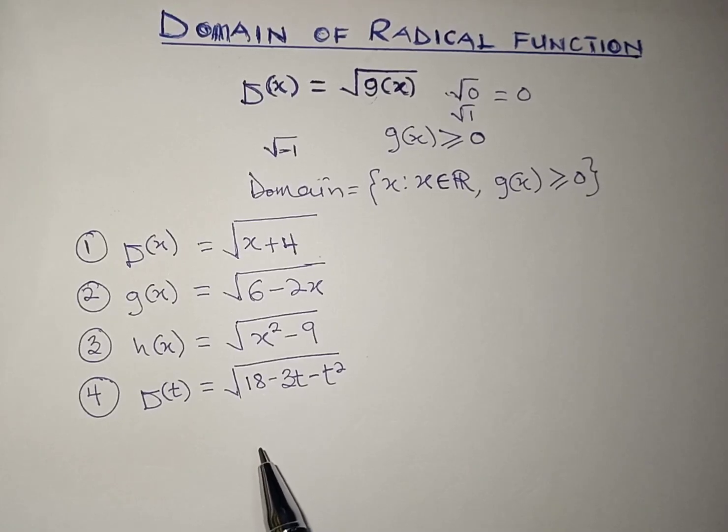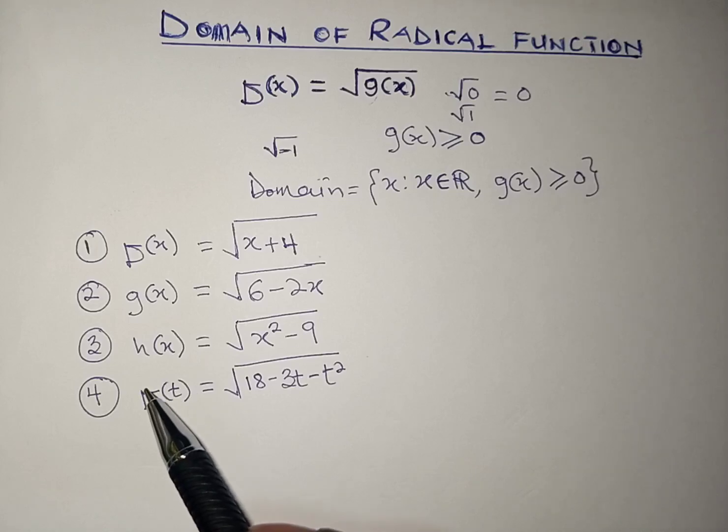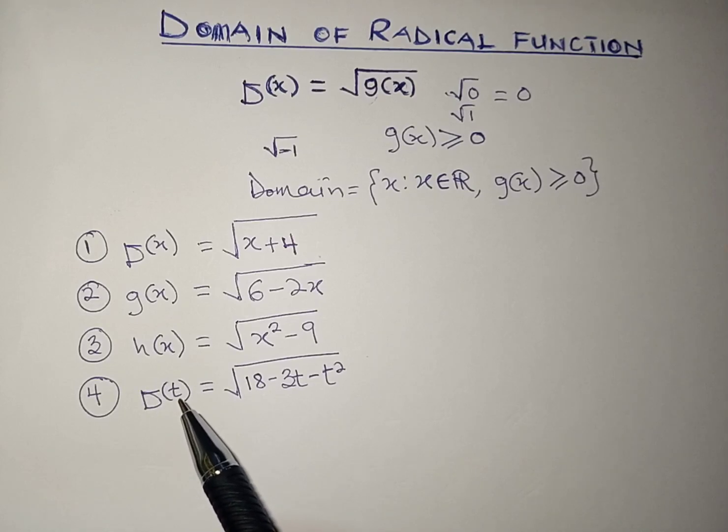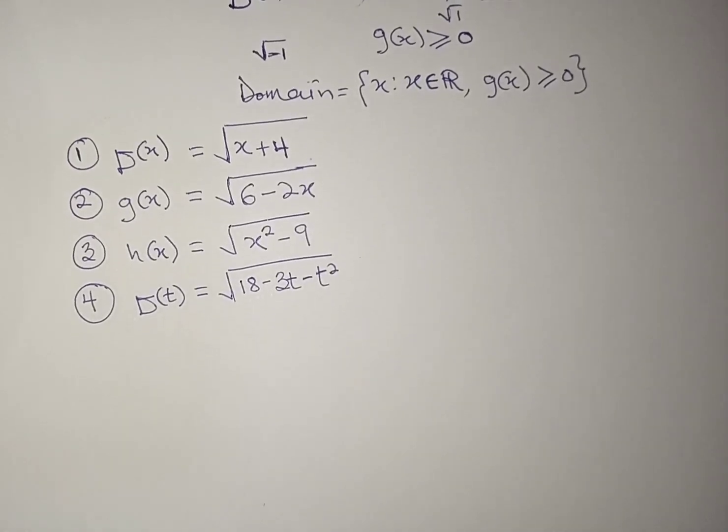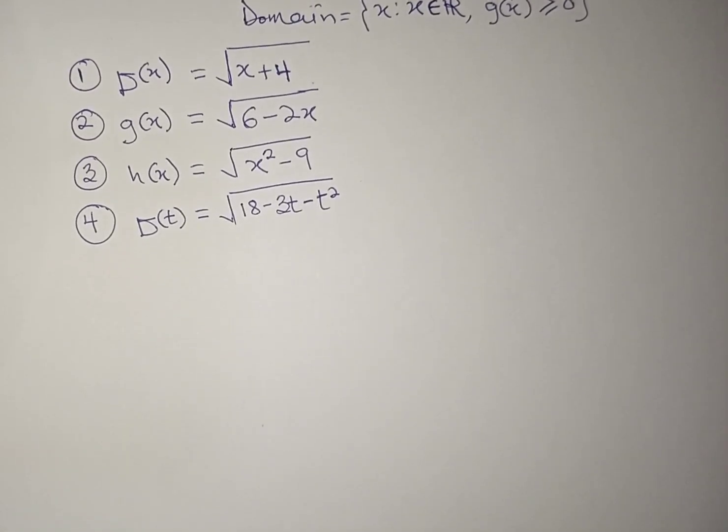We are going to look at how we can find the domain of the given functions. Example one is f of x equals square root of x plus 4, and the rest follow. We shall take them one after the other, and in the first place, we shall deal with example one.